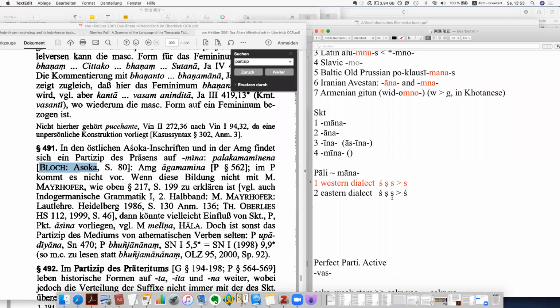So this is one of the important differences between Western dialect and Eastern dialect. There are also other differences, but pay attention to this one. So for this ending, mina, it is attested in Eastern Ashoka inscription. So like Eastern Middle Indic.